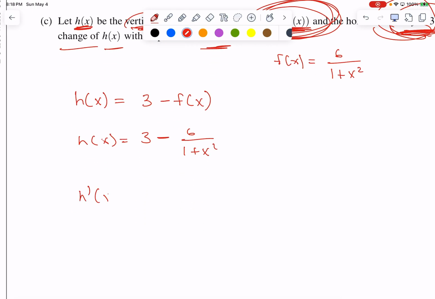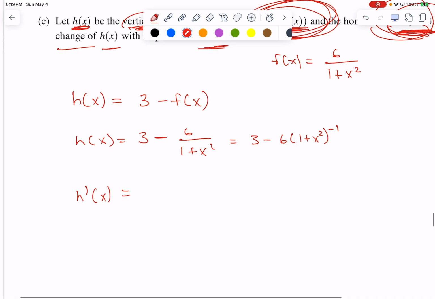All right, here we go. What's the derivative of 3? 0. What's the derivative of negative 6 over 1 plus x squared? It's up to you. How many of you would do quotient rule? I would definitely do chain rule, because this is really 3 minus 6 times 1 plus x squared to the negative 1. Don't do quotient rule unless you have to. The derivative of 3 is 0, agreed?